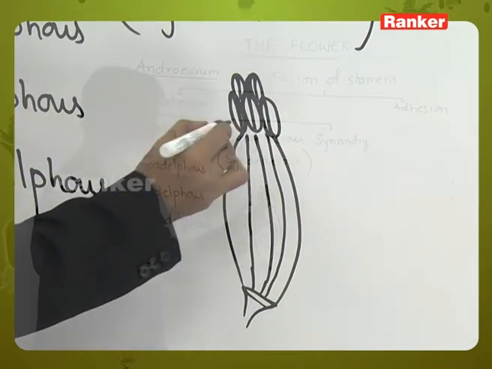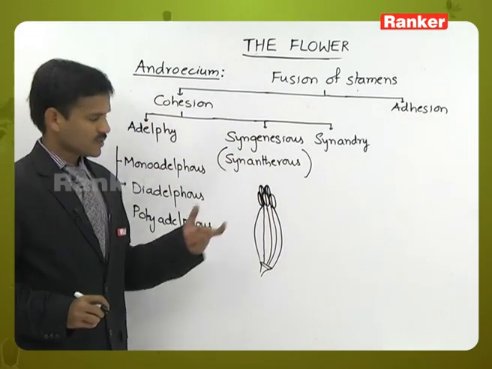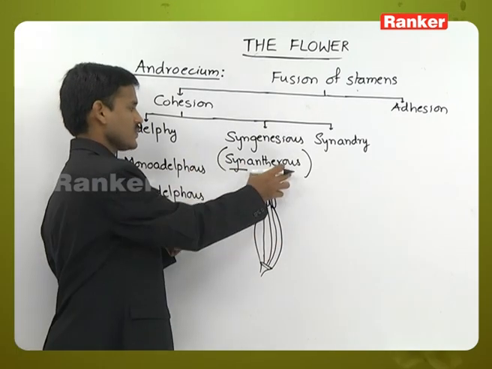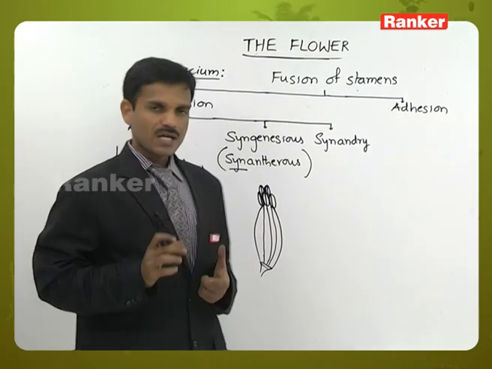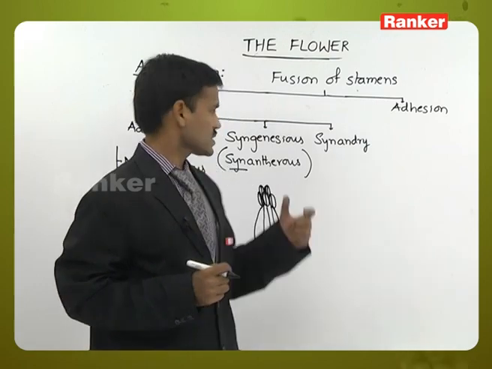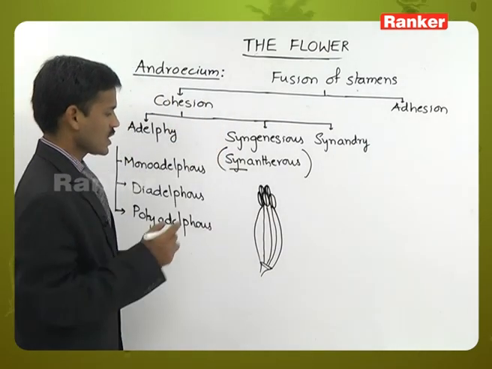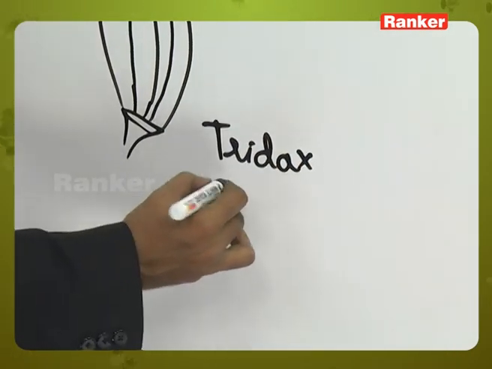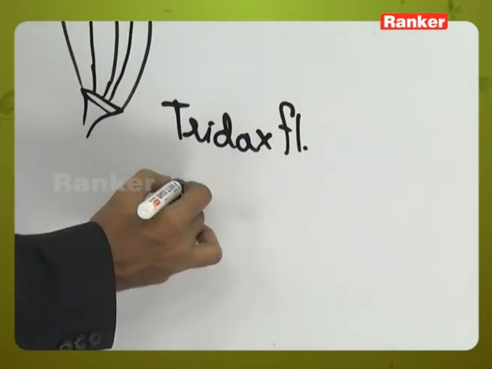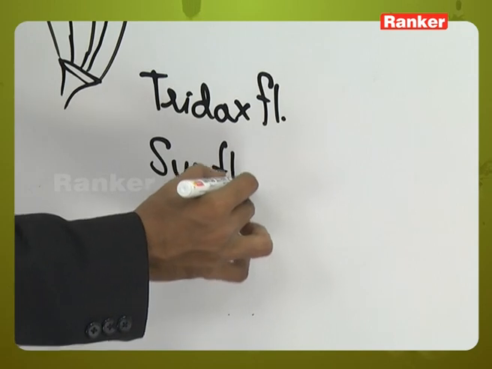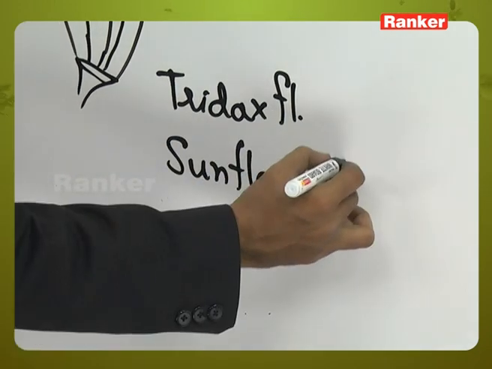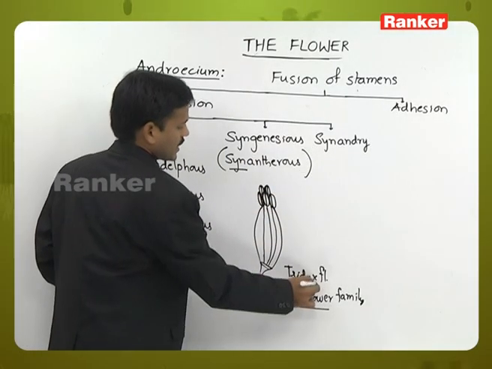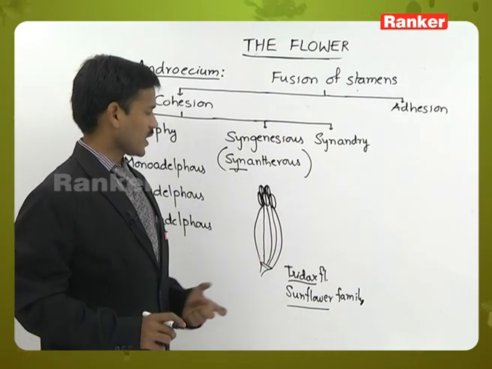In the 5 stamens, only anthers are fused, filaments are free. So, synantherous. Syn means fusion. So anthers are fused, filaments are free. This condition is called synantherous or syngenesious condition, observed in the Triodox or sunflower family.